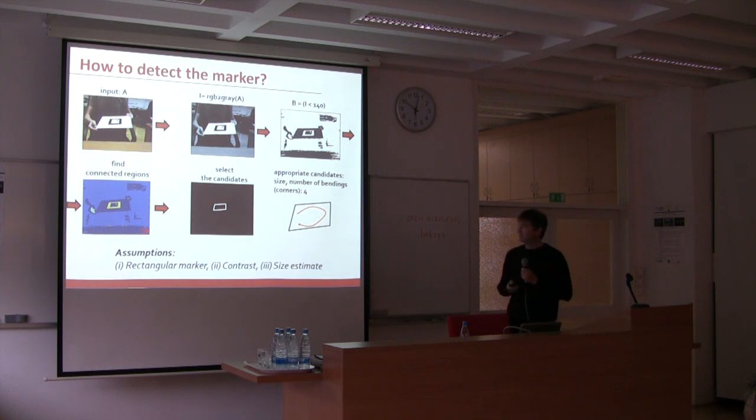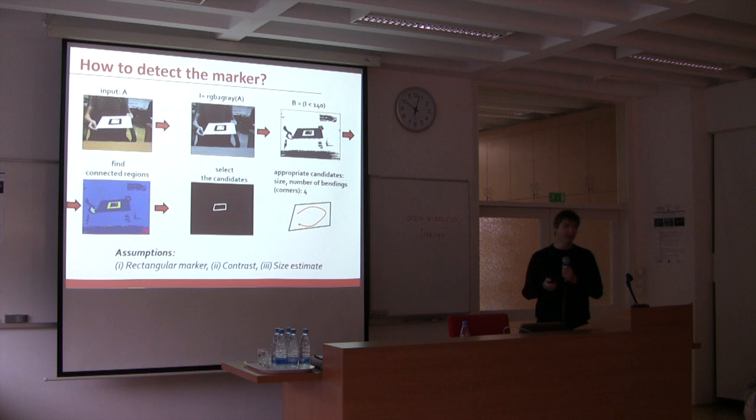So to restrict this list of candidates for our marker, we help ourselves with some assumptions we know about this marker. For example, we know that it's rectangular and it has 4 corners. And to detect corners in a binary image is quite an easy task in computer vision. So with this knowledge and also with some size estimate, we are able to constrict this list of candidates to just a few.